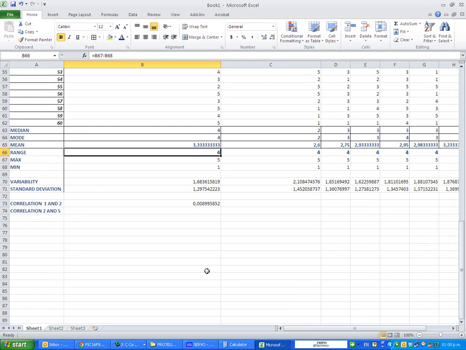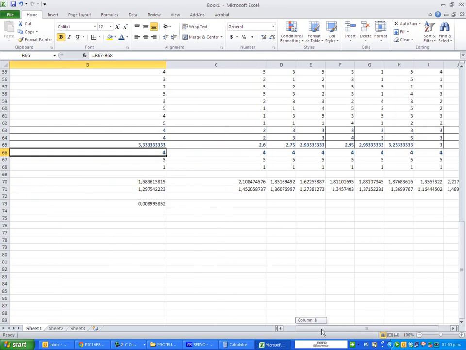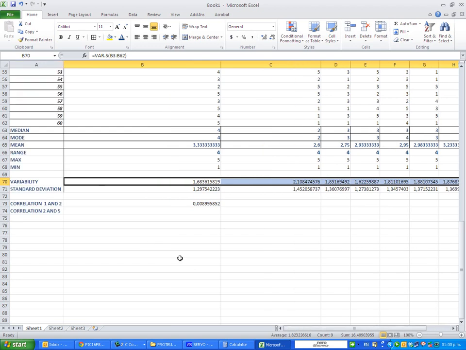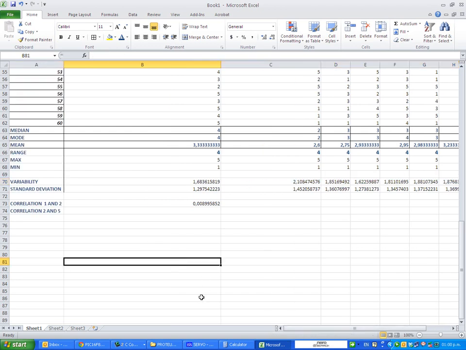And then you should also graph the standard deviation and the variability of all the questions. You just graph this against the questions, and that is it. That way I can see in a graph the variability of each of the questions.